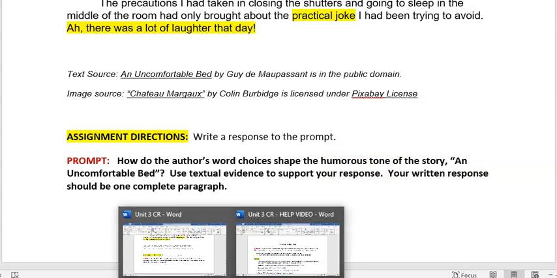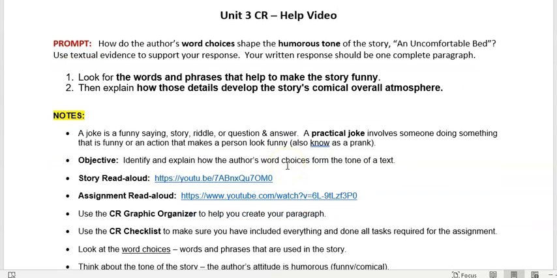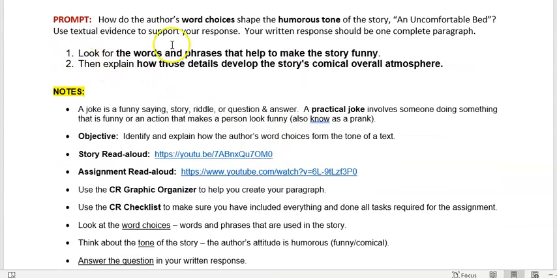Okay, if we go back to our helping notes here, we want to look for the words and phrases that help to make the story funny. We did that. Then you need to explain how those details develop the story's comical overall atmosphere, right?